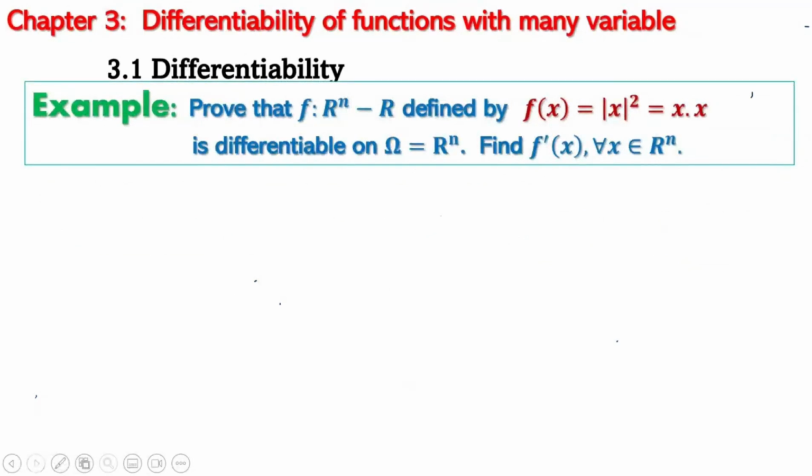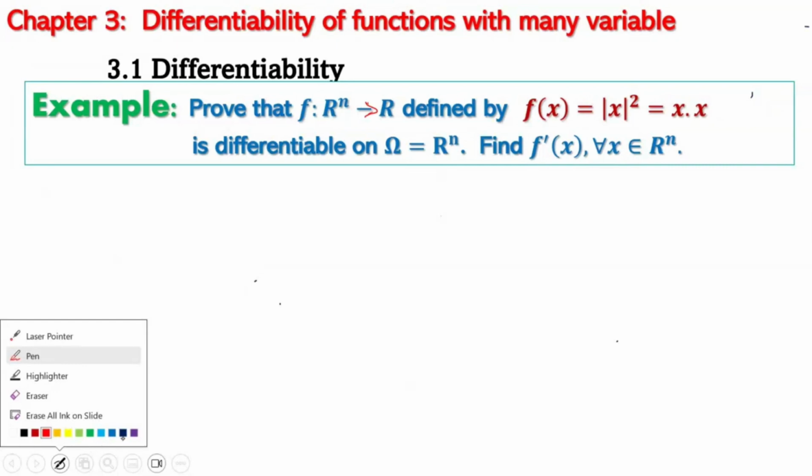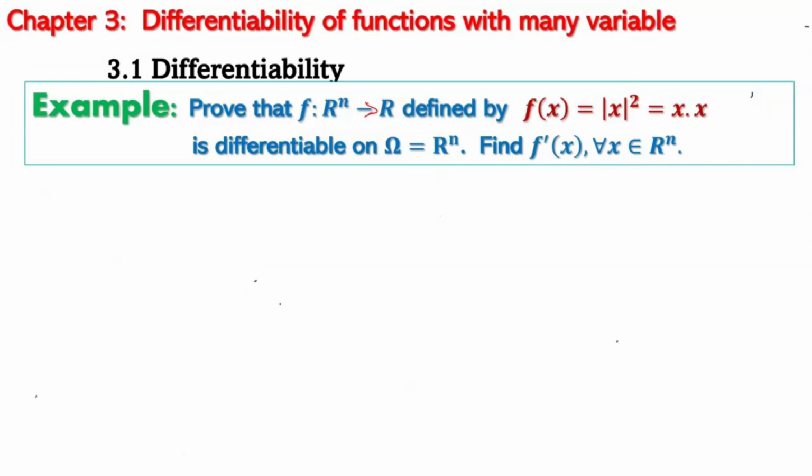Now we have an example here. Prove that f from Rn to R defined by f of x equal to absolute value of x whole square, that is x dot x, is differentiable on Rn, and find f dash of x. Solution.